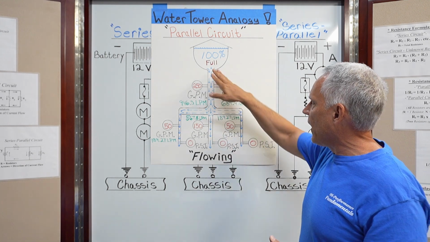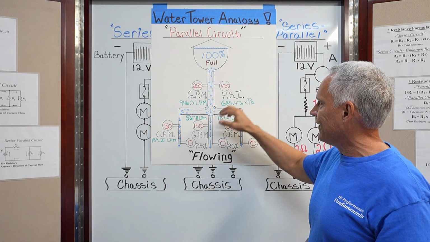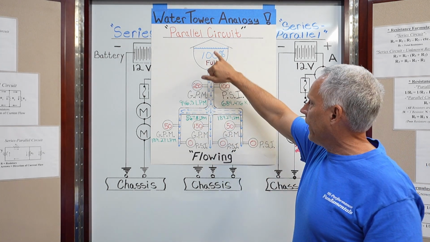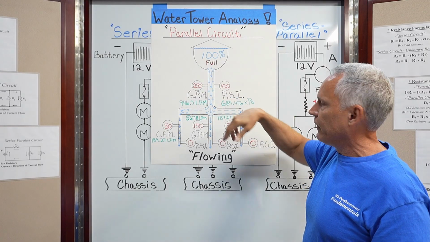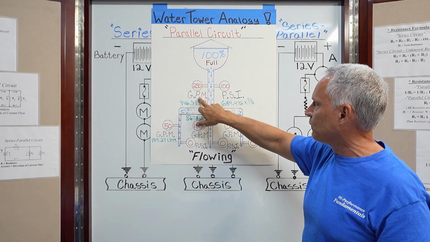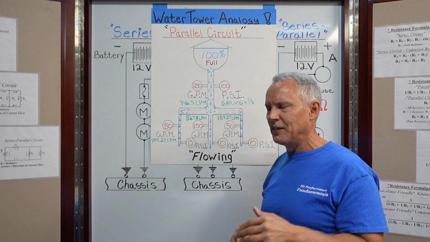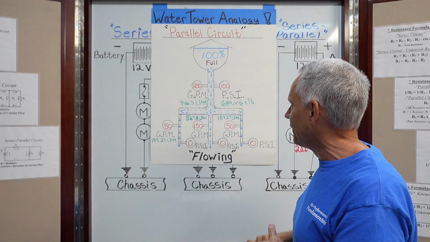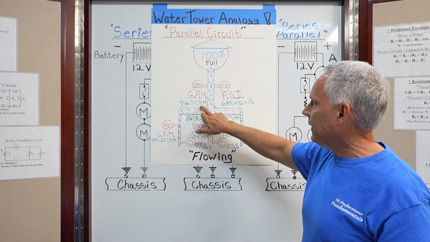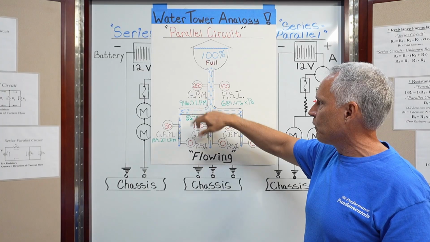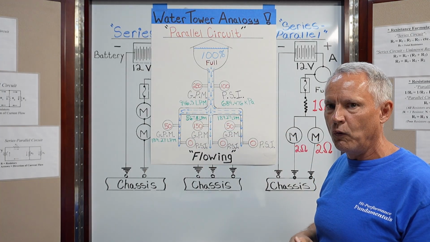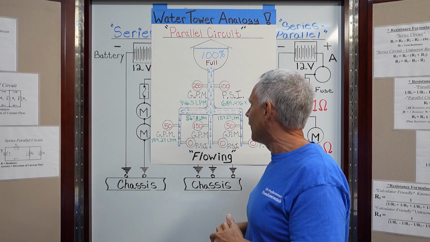All right. And then from there, once it starts to flow, we open this and we start to get flow. Right, in a system like this where we're calculating flow, we're going to calculate it, let's say, in gallons per minute. And for my metric friends out there, and I didn't do this last time, I'm going to do it this time: instead of gallons per minute, it would be liters per minute. So 250 gallons per minute would then be 946.3 liters per minute for my metric friends out there.